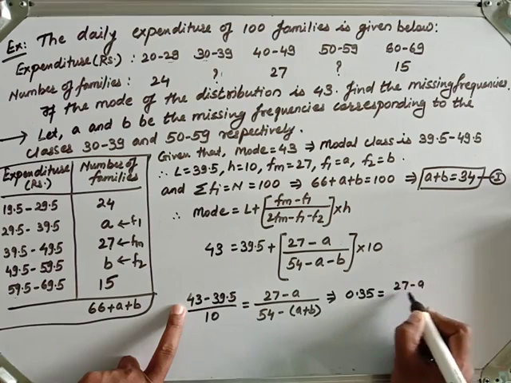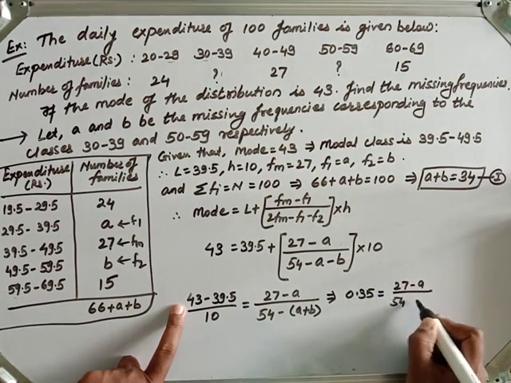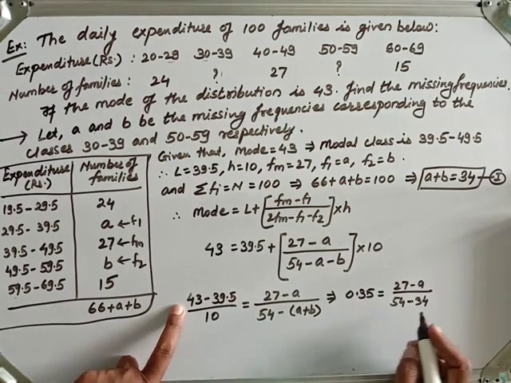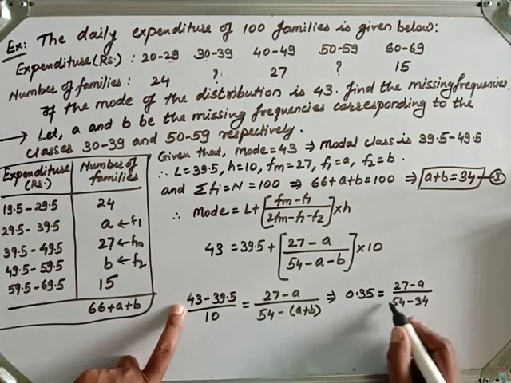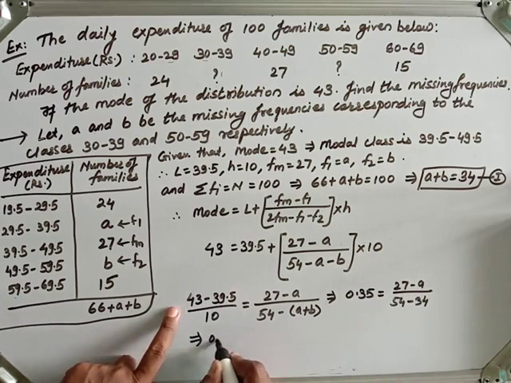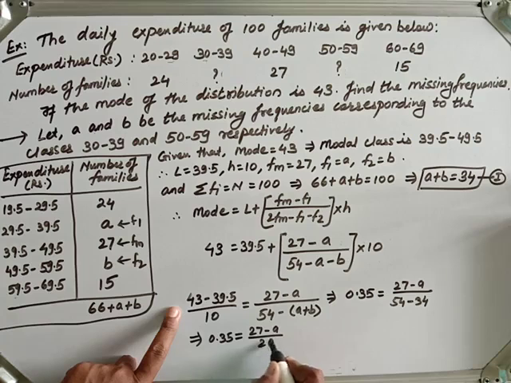So this is 0.35 and this one is 27 minus A upon 54 minus how much? 34. Okay. So this is 20. So this will be 0.35 equal to 27 minus A upon 20.